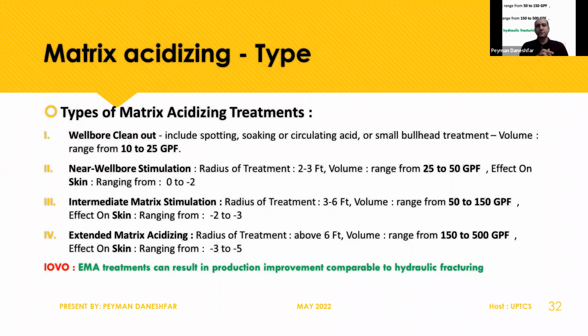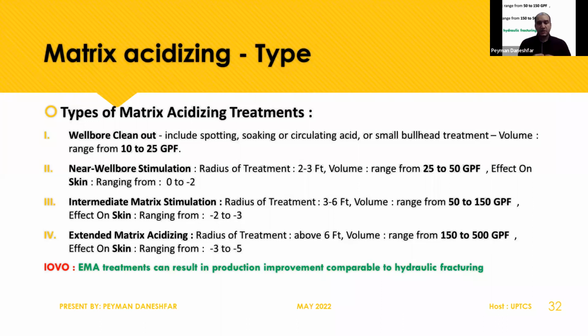The skin effect is about 0 to -2. For IMS, the radius is about 3 to 6 foot, and the volume range is about 50 to 150. And the most important of all of them is EMA.